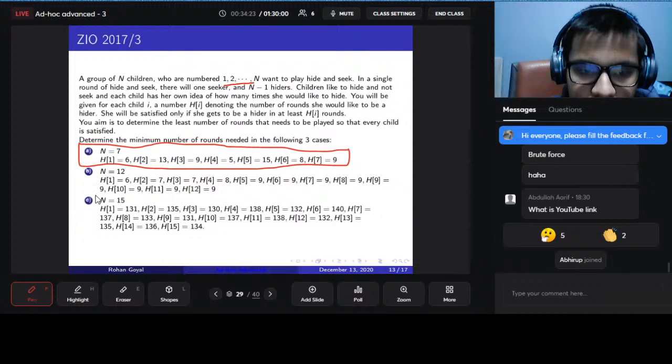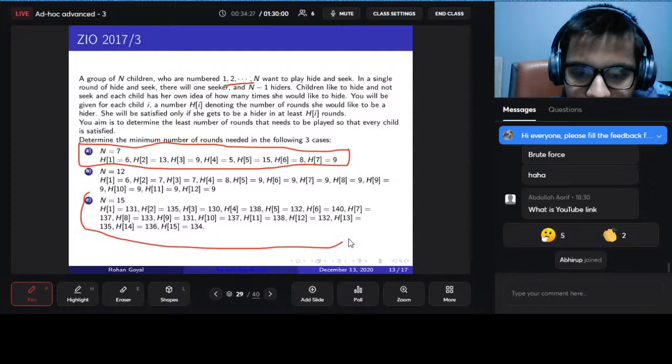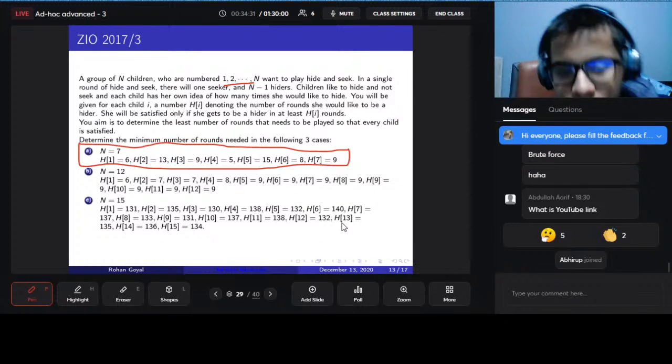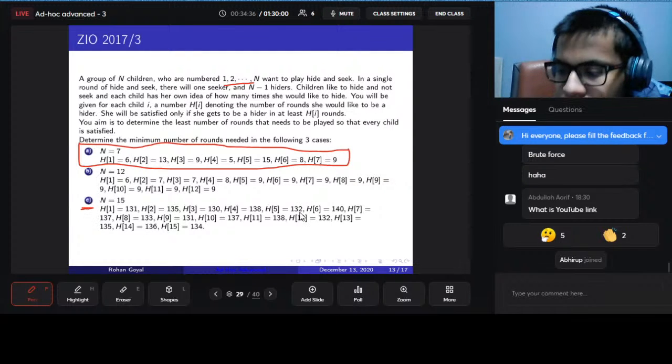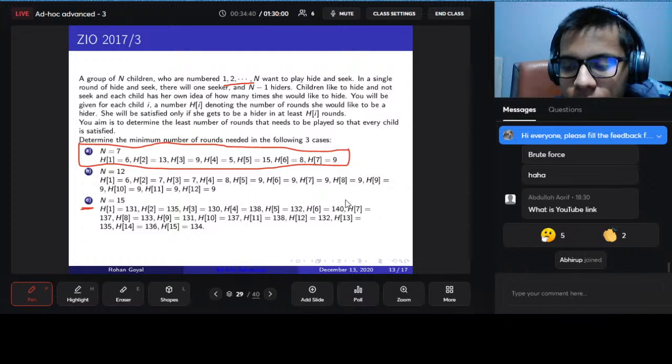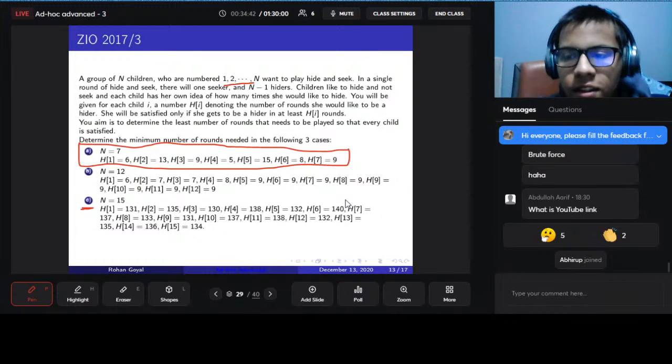Here are the values. Can someone do it right now? This part. Please try.